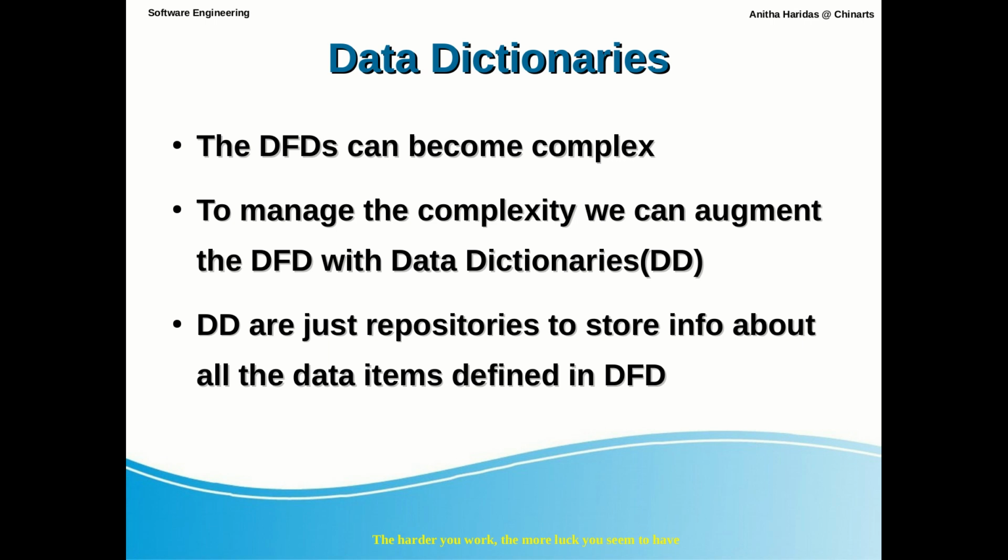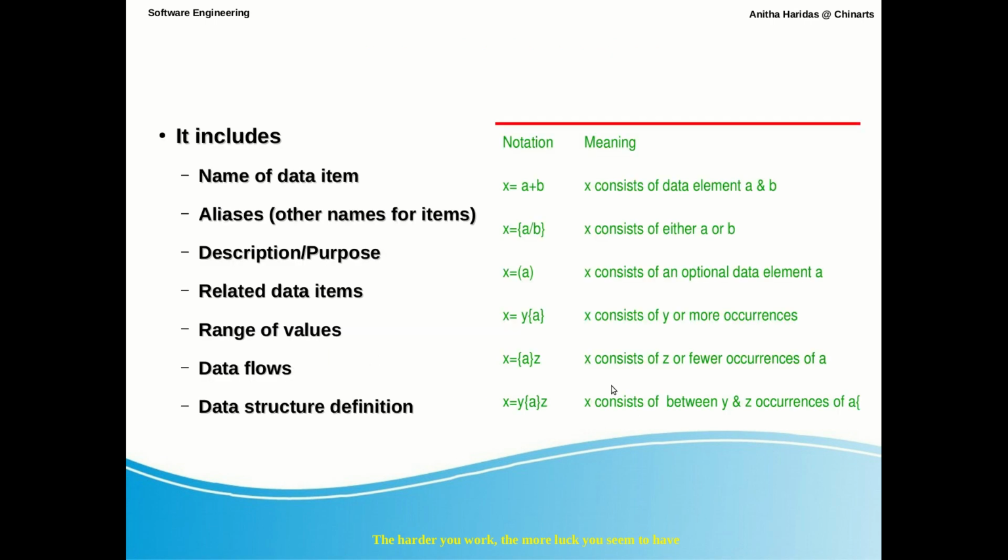So you are going to give data dictionary as a support mechanism for the complex data flow diagrams. It is just used to support the detailing of data flow diagram. That's it. So data dictionaries are just the repositories to store information about all the data items that are defined in the data flow diagram. So it is just describing the data items that are available in DFD.